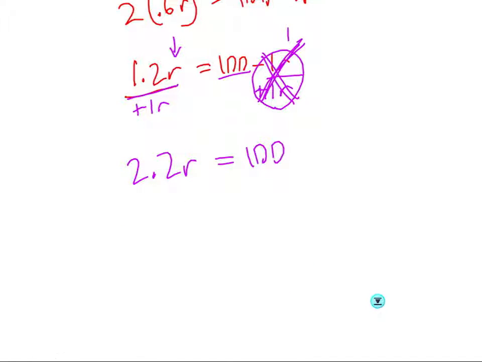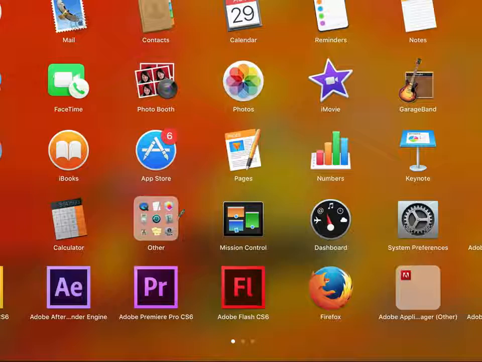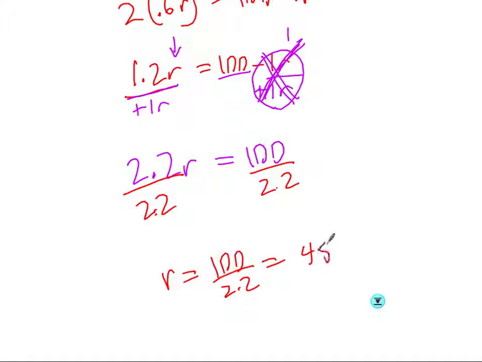And finally, we just have a really simple algebra problem. So we divide both sides by 2.2, and our answer is r equals 100 over 2.2. Let's use our handy calculator here. 100 divided by 2.2 is going to be 45.45, and it just keeps on going.